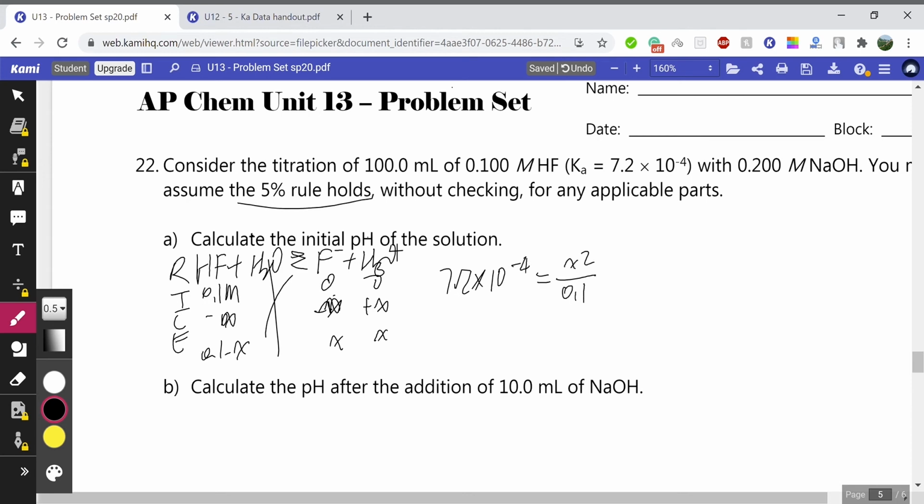We're going to assume the 5% rule holds, so we don't even care about the minus x over here. So 7.2 e to the negative 4th times 0.1, take the square root of that, and that gives us x equals 0.0085. Negative log of x is going to be our pH, which is 2.07.